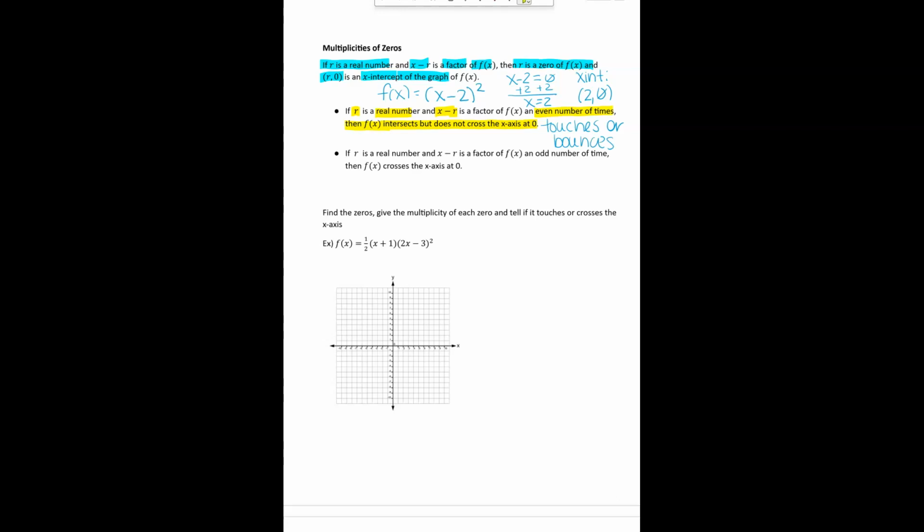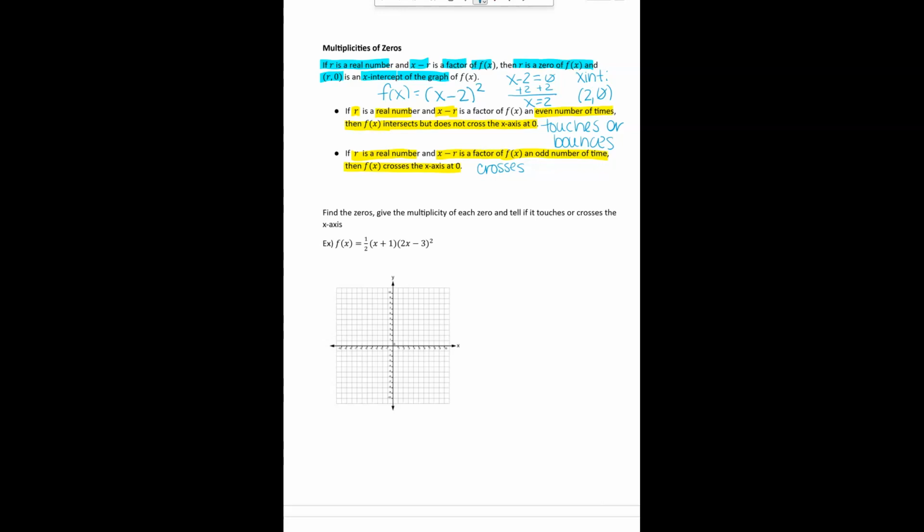Now, this one. If r is a real number, and x minus r is a factor of f of x an odd number of times, then it does cross. What that means is it crosses. I mean, nothing tricky about that. Even touches and bounces off. Odd crosses. Okay? So that's how we know that.